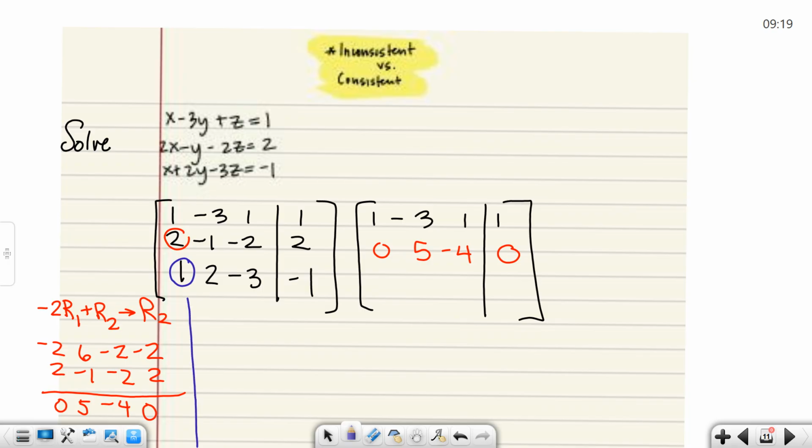Okay, so to get rid of the blue value, I'm going to say -1 row 1 plus row 3 would give me a new row 3.